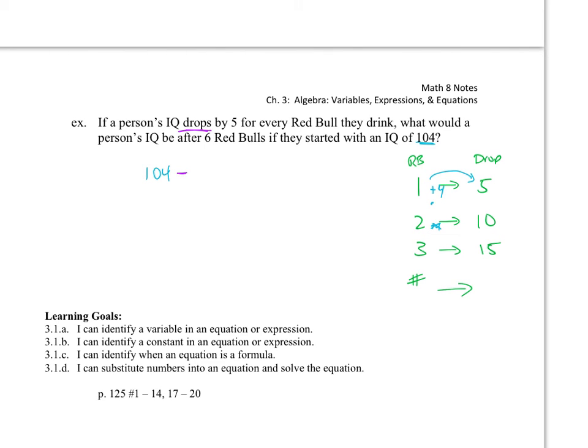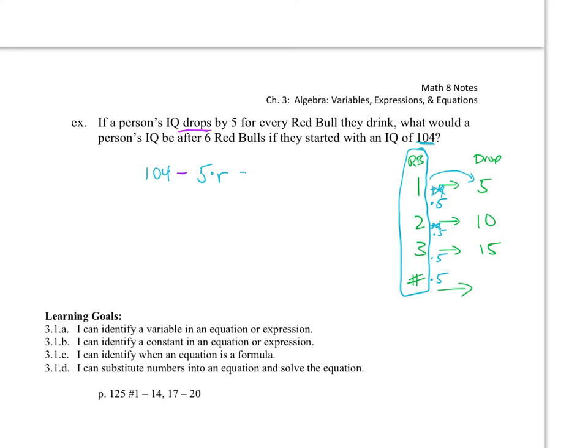Ooh, I could multiply times 5. So does 2 times 5 work? Does 3 times 5 work? So every time I'm multiplying by 5. So it's my number times 5. So I'm going to have minus 5, and you're going to multiply that by the number of Red Bulls, which is our column right here. So 5 times Red Bulls.